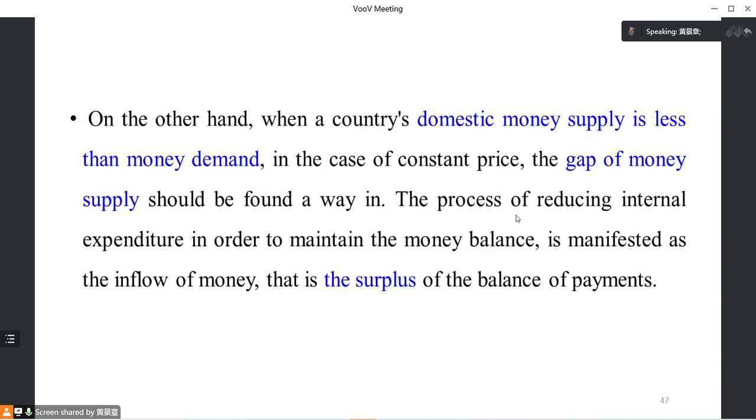The process of reducing internal expenditure in order to maintain the money balance is manifested as the inflow of money. That is the surplus of balance of payments.